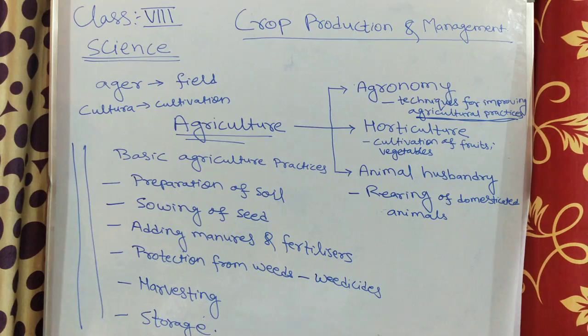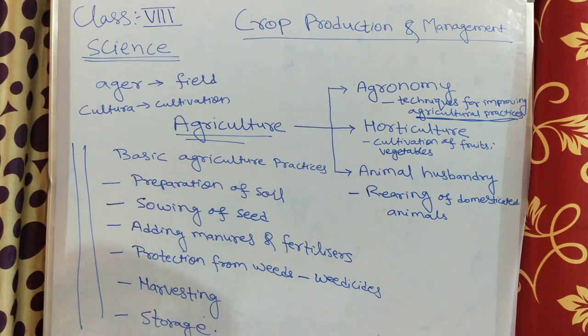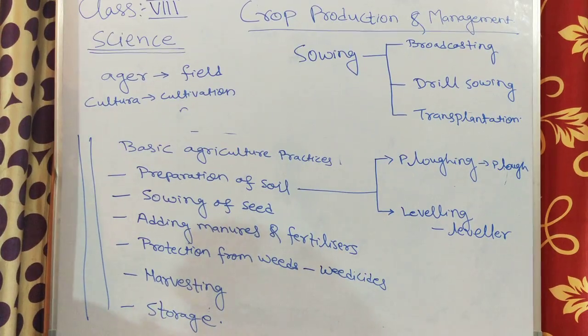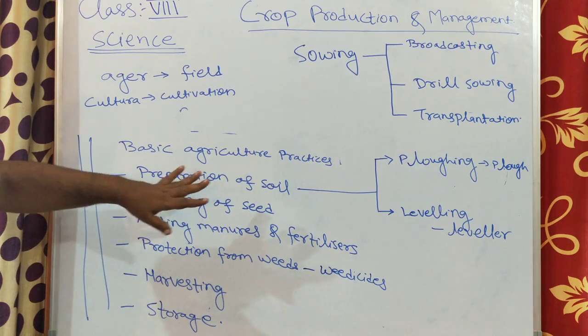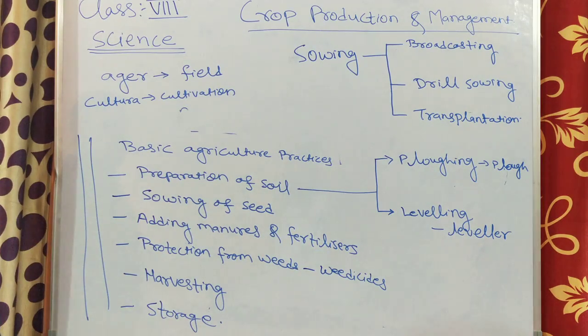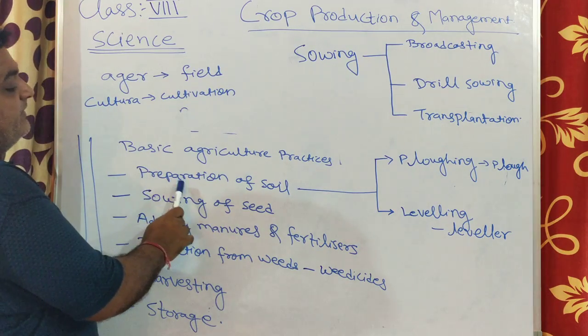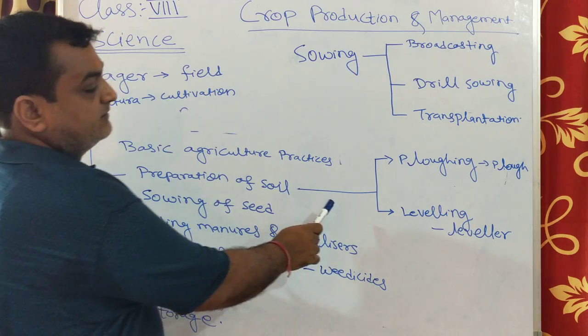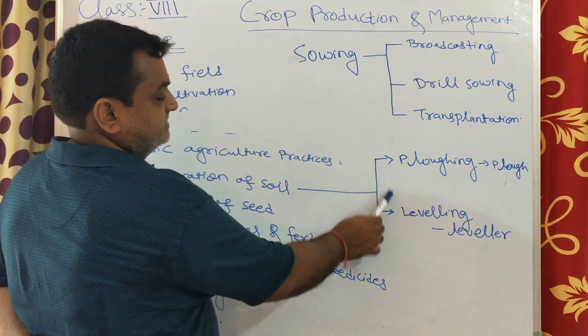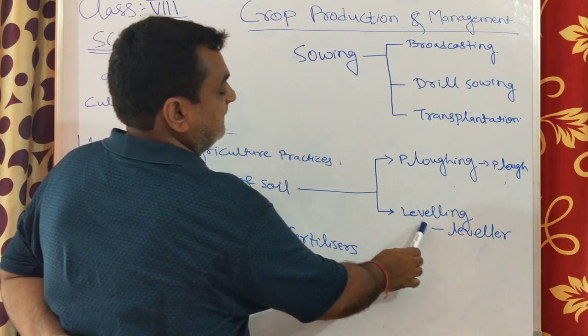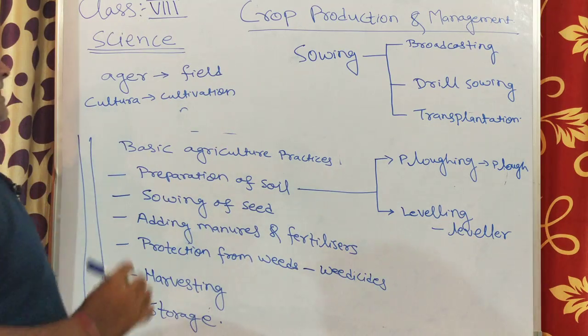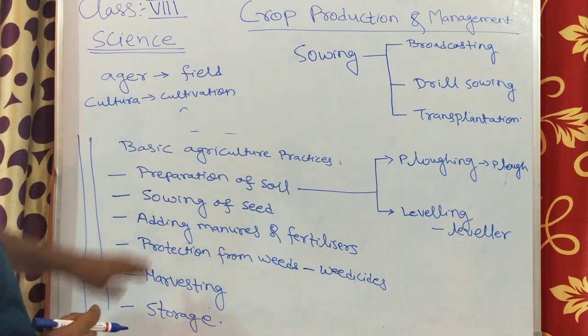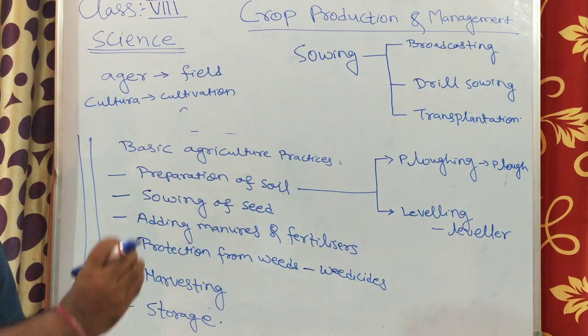So we are discussing basic agricultural practices. Now this preparation of soil can be done in two ways: plowing and leveling. So first task before cultivation is preparation of soil. A farmer has to prepare the soil.